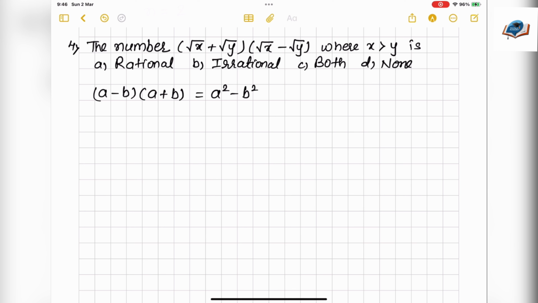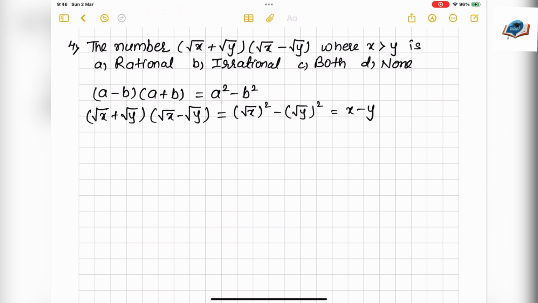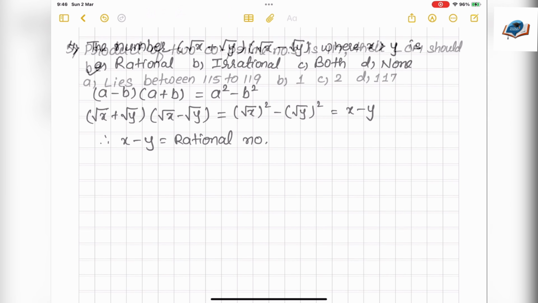So using this formula, root x plus root y into root x minus root y will be equal to root x whole square minus root y whole square. So that will be equal to x minus y. Now it is given that x is bigger than y. Therefore, x minus y will always be a rational number. So the correct option is A, rational number.